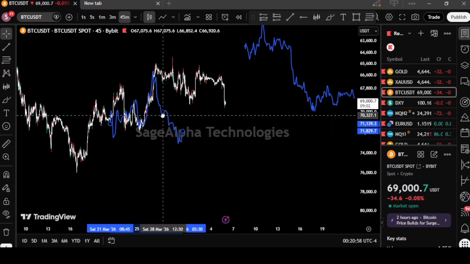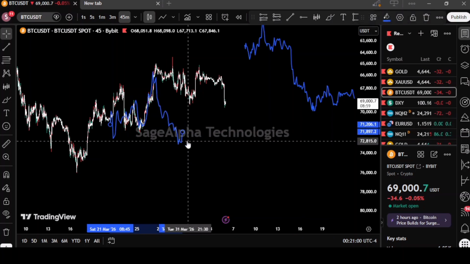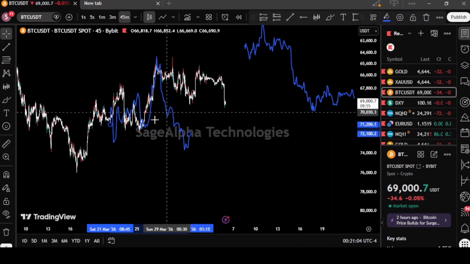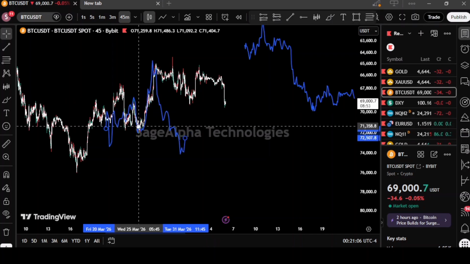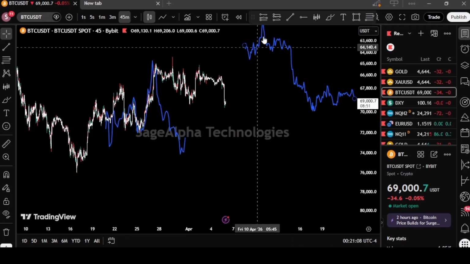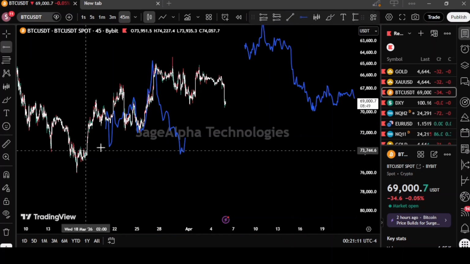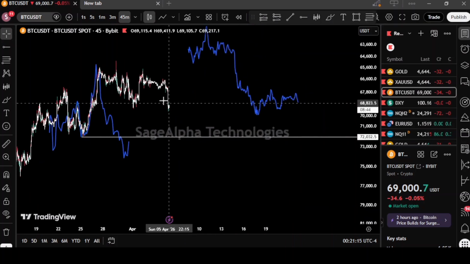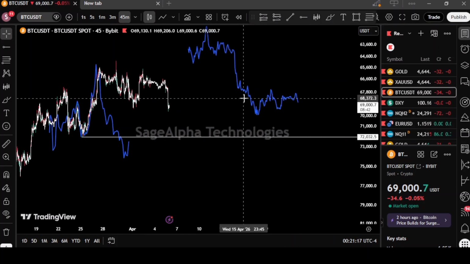Okay, you can see it. This PMC has given us price movement here. Okay, so expecting this low here to be taken. So you're going to short from here to here.